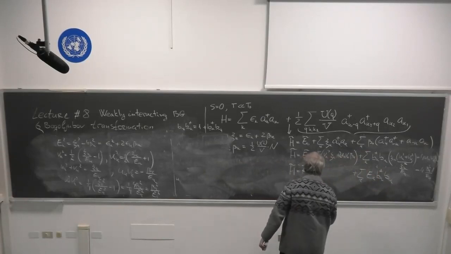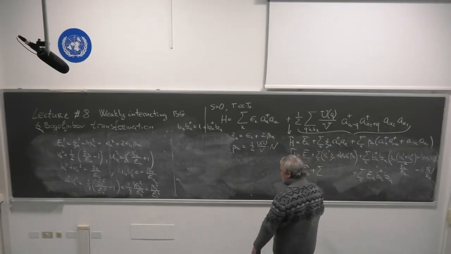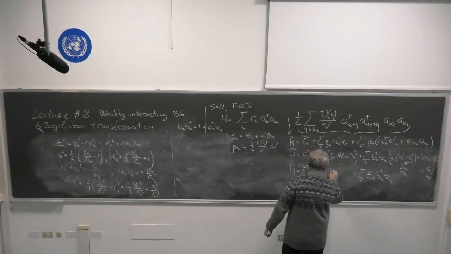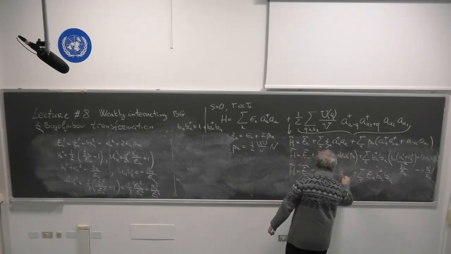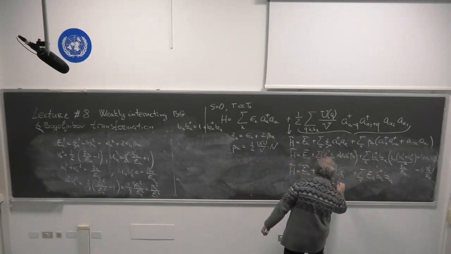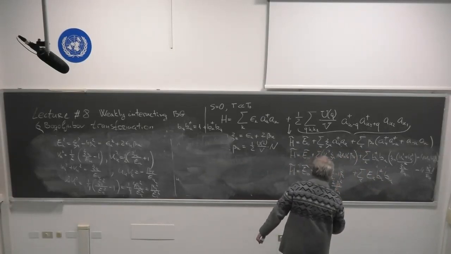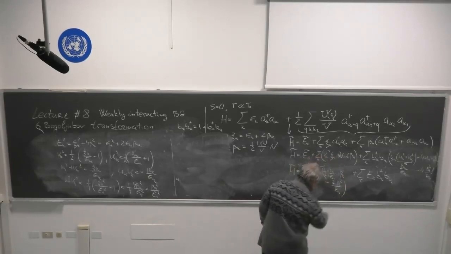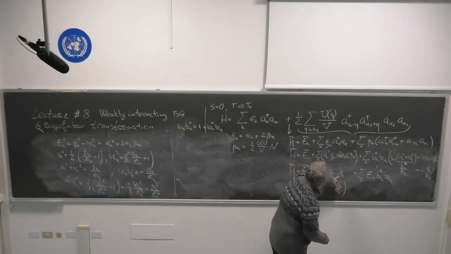Now let's look at this constant. So this is vk squared, which is 1/2 psi k ek minus 1 times psi k, minus uk vk times 2 beta k squared over ek. Yeah. So this term, if you massage it, is psi k squared minus psi k minus beta k squared.